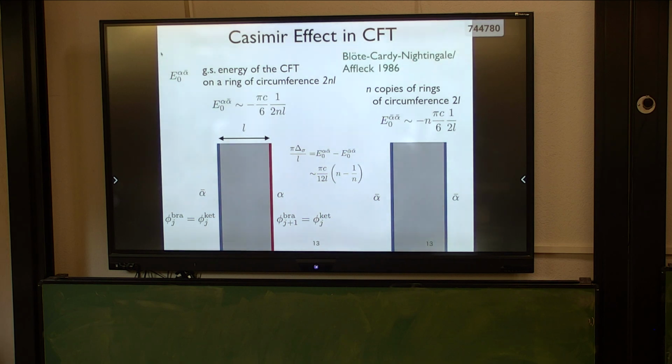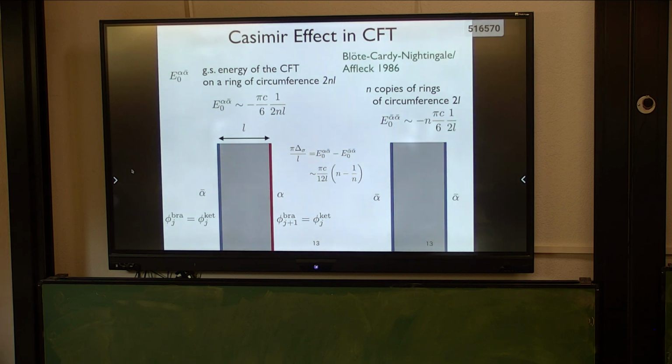So in the end, this red and blue boundary condition means that the problem is reduced to just a single-component conformal field theory with periodic boundary condition, because you eventually come back to the original component. A periodic boundary condition means you are on a ring. But the circumference of this ring is 2n times L, because there are 2n components for this CFT: 2 for bra and ket, and n replicas.